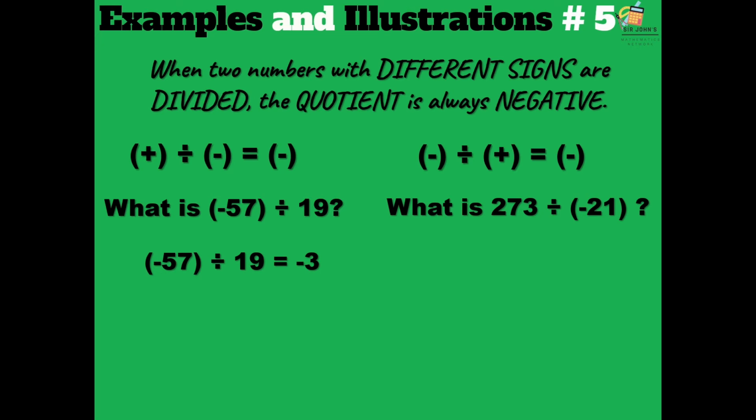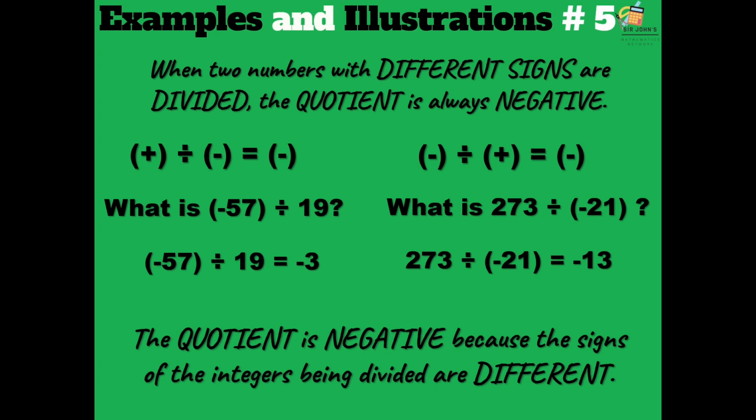So, for this example, the solution is positive 273 divided by negative 21. The quotient is equal to negative 13. Dito naman, mapapansin nyo na ang dalawang quotient na nakuha natin ay parehong negative. The quotient is negative because the signs of the integers being divided are different.